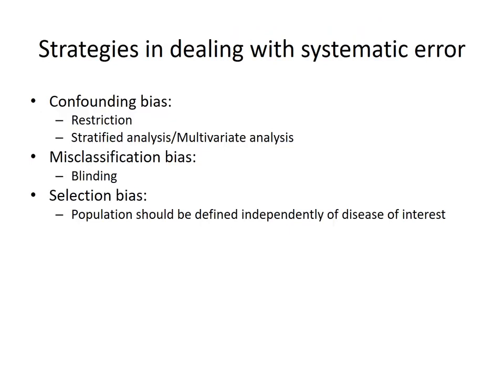How to deal with systematic error: confounding bias, selection bias, misclassification bias. For confounding bias, we can do either restriction, stratified analysis, or multivariate analysis. Restriction means that we eliminate the confounding factors. For example, if we think that this variable is confounding, we eliminate this variable from the analysis.